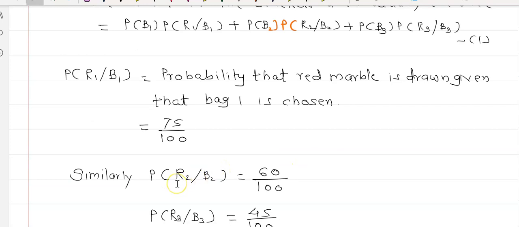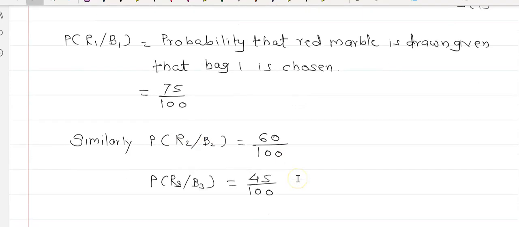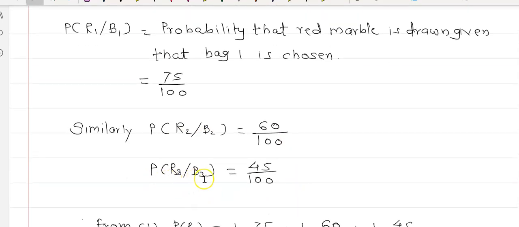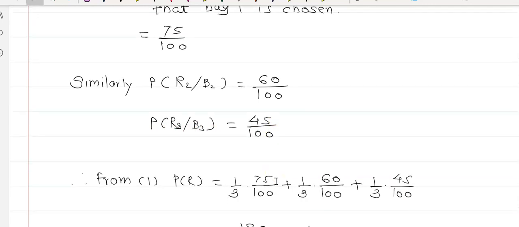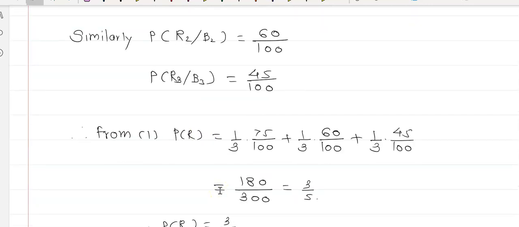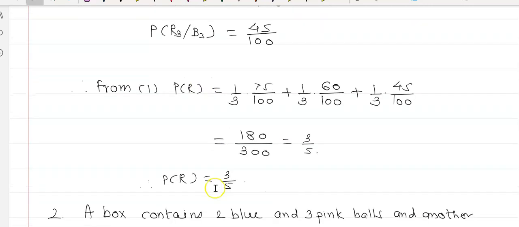In a similar way, for the second, R2 for the bag B2, 60 upon 100, and probability of R3 conditional B3 is 45 upon 100. Therefore, the probability of R for choosing the red ball from any bag is 1 by 3 into 75 upon 100 plus 1 by 3 into 60 upon 100 plus 1 by 3 into 45 upon 100, and you will get the answer, that is 3 by 5.